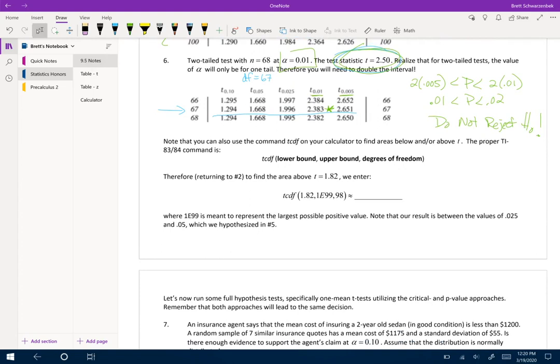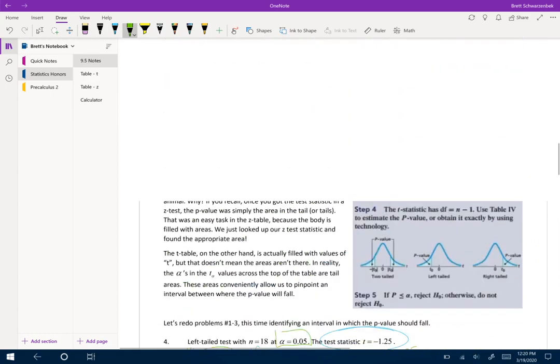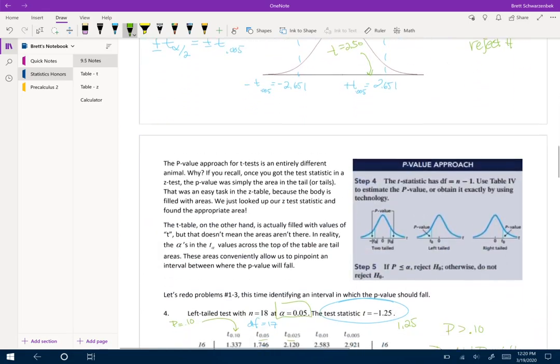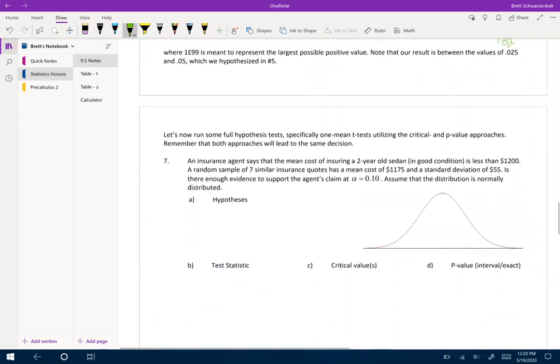Others will have to type the exact value in, but the key is that if you have a T graph just like this, and you have 1.82 as your value, then for, in this case, number 2, just as a reminder, let's go back to number 2. So we had the test statistic was 1.82, and you want to find how much area is to the right of 1.82. That'll help us find our p-value.